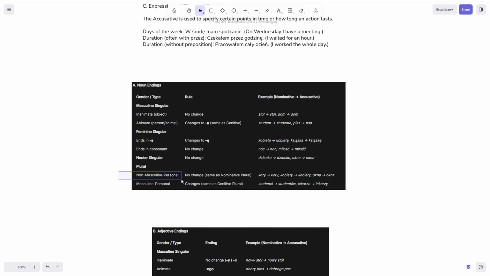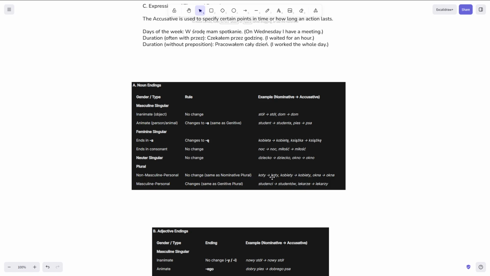So feminine plural, neuter plural, and all the masculines apart from people, there is no change from nominative. So kot, masculine noun cat, is kot in singular, in plural it's koty, and since cats are not personal, there is still no change.